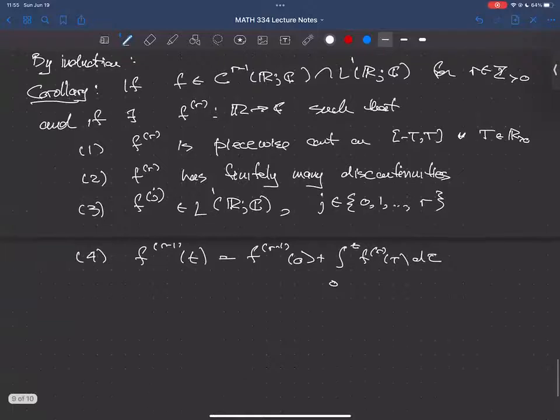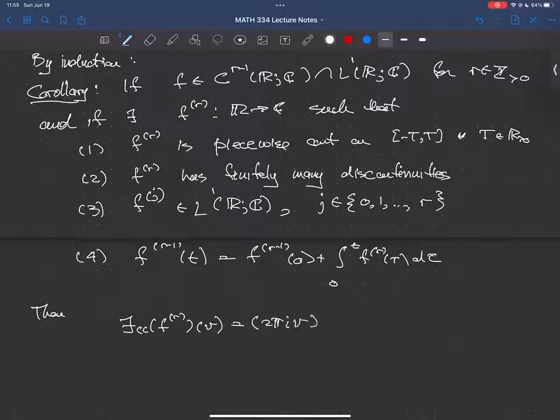Then the CCFT of f_r at nu is 2 pi i nu to the r times the CCFT of f. And just like for the CDFT, you get this conclusion that more differentiability means faster rate of decay.